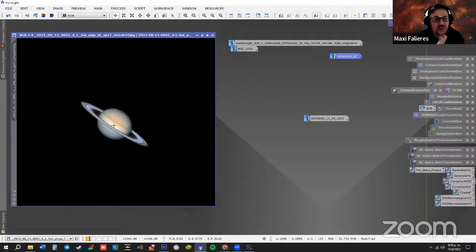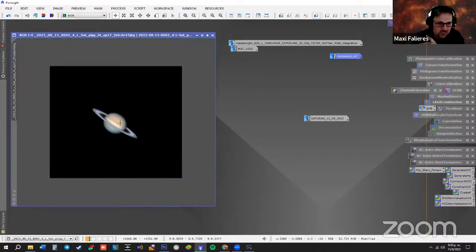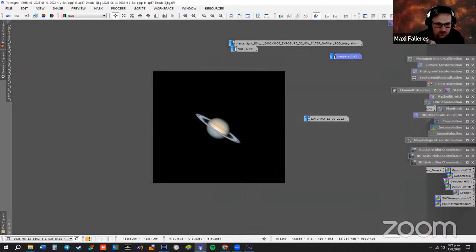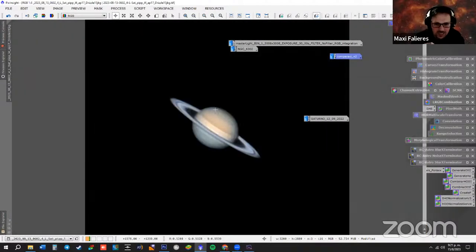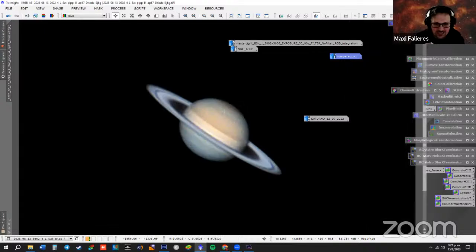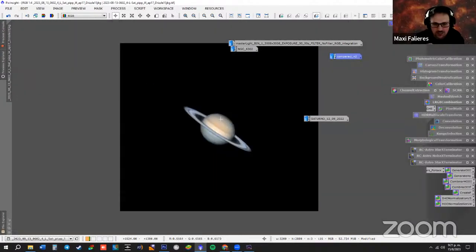If I put it more here, you can see it's like a white band. Like a storm or something. Exactly, but I don't know. I didn't see pictures from this night, so I don't know if it is or not.